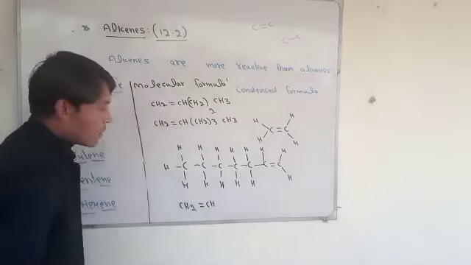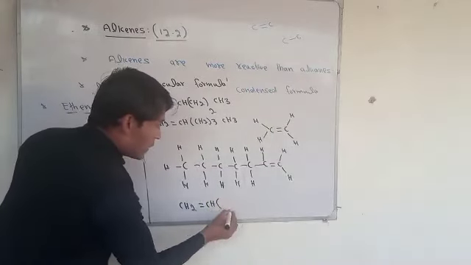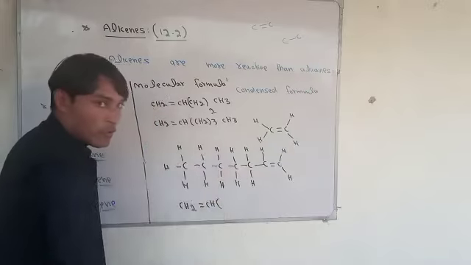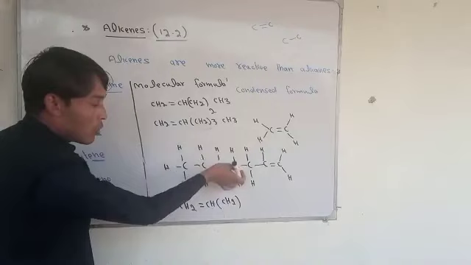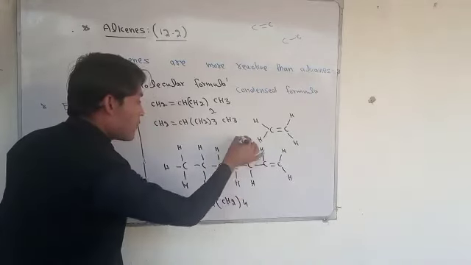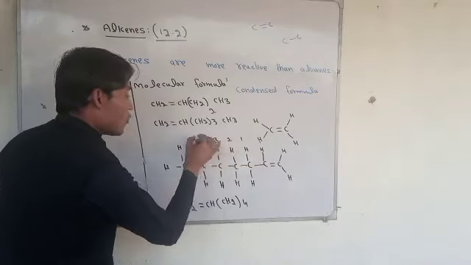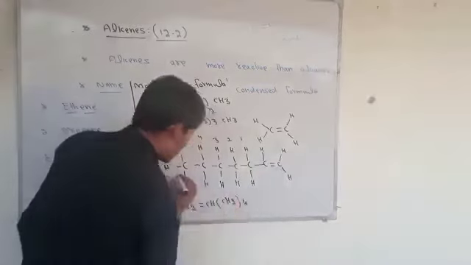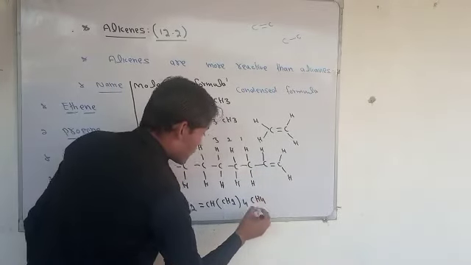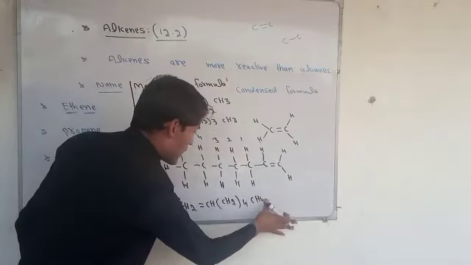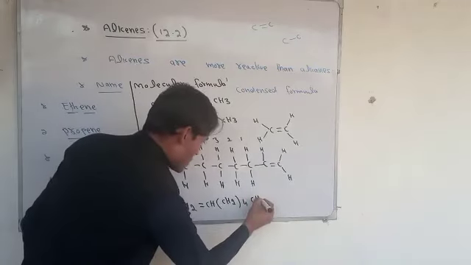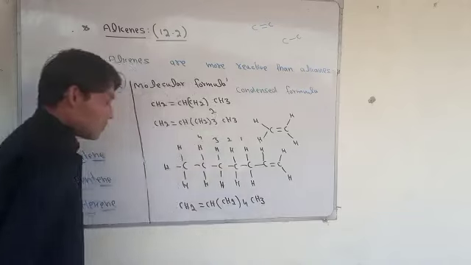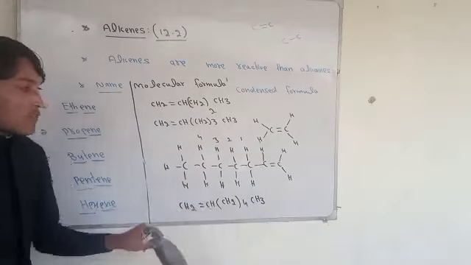Is it clear? Now count it here. In a box we need it. 1, 2, 3, 4, 4 are there, so we can write CH2 with 4 outside. And then at the end we write CH3. So this is the condensed formula.